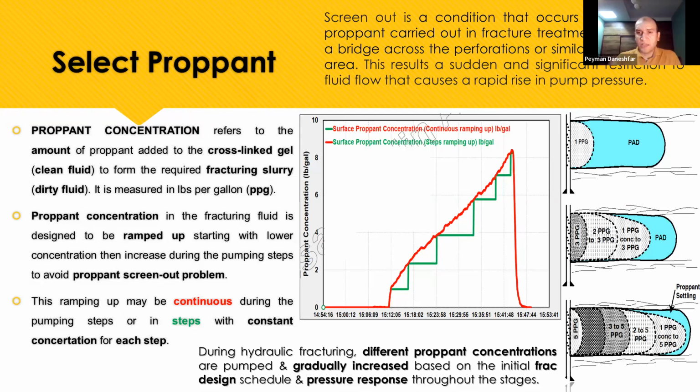If you see some concentrations of proppant injected into the fracture, for the first one 1 ppg, for the second one 1, 2, 3, and for the last one 5, you see the ramped up concentration of proppant.